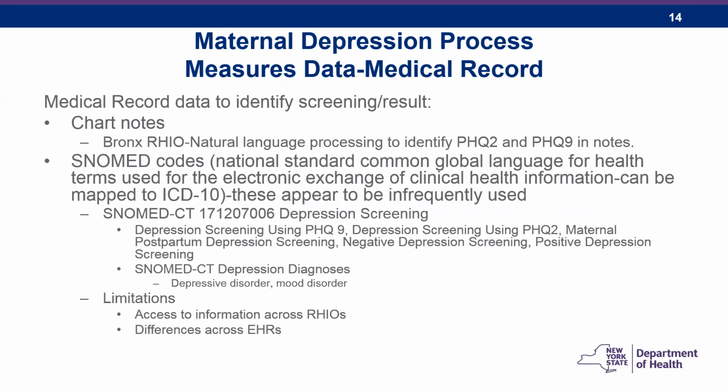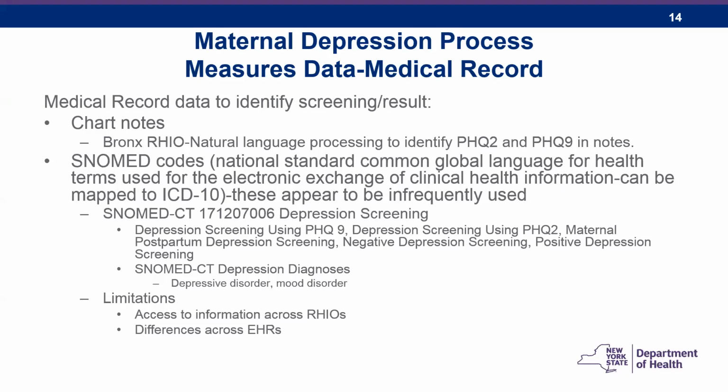Some things that we found that are currently in place include one of the qualified entities, the Bronx RIO, that collects electronic health data, is using natural language processing, so they can actually extract these data from notes in the chart without having to do manual chart review. So they're looking for PHQ-2 and PHQ-9 screening tools.